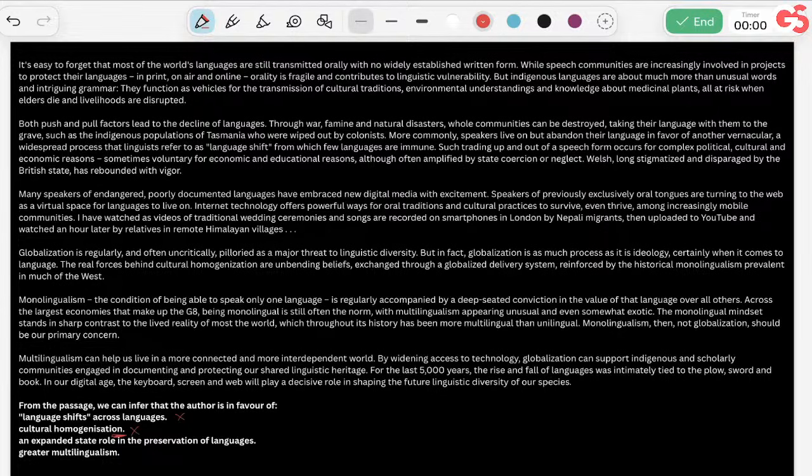Author doesn't support that. Expanded state role in preservation of languages, maybe. Greater multilingualism, exactly. So author wants that there should be multilingualism. That is the only way more interdependent societies can thrive and languages can survive. Clear? It's clearly mentioned in the last paragraph.